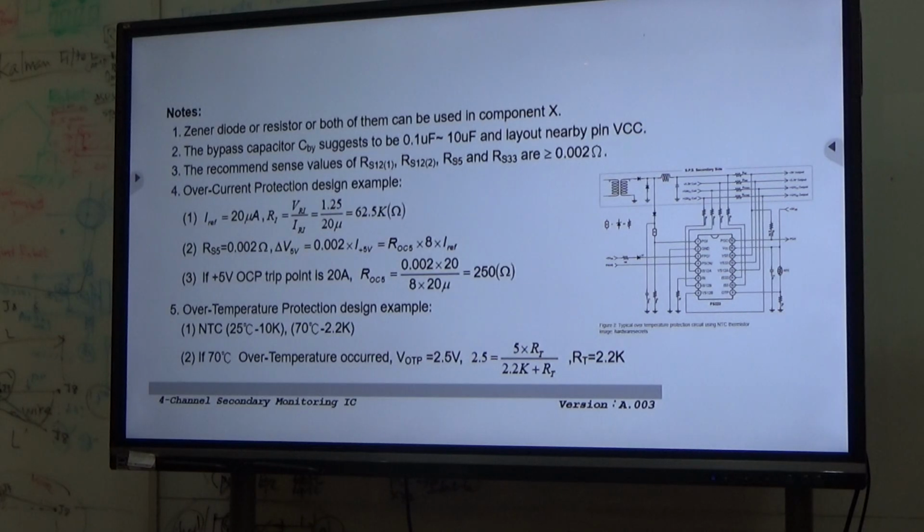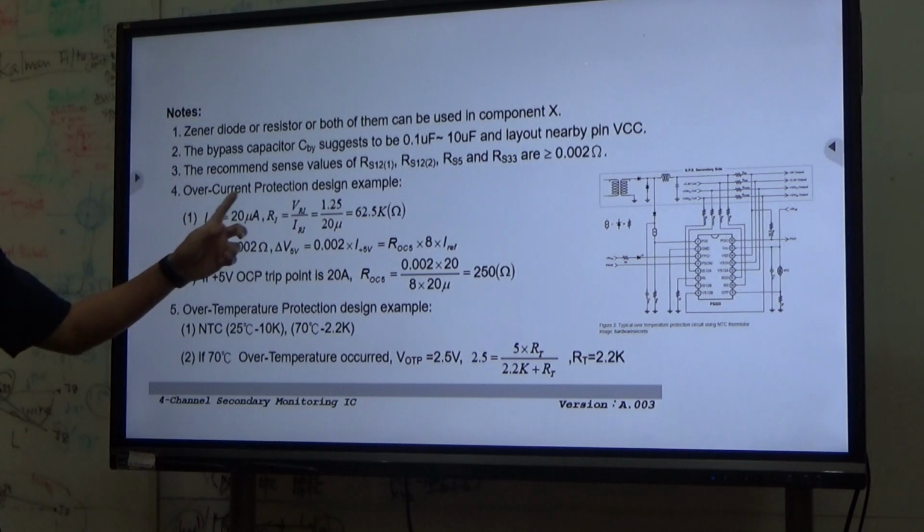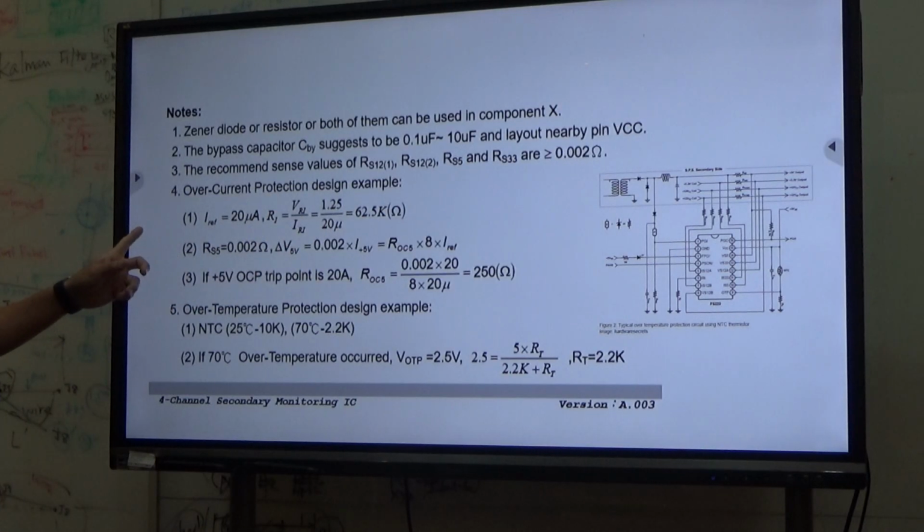This is a design consideration that shows you some equations to tell you how to calculate the suitable value. But because I want to make the presentation on time, you can refer to the data by yourself. This slide also gives you some examples.